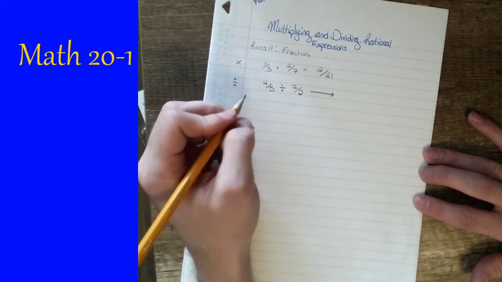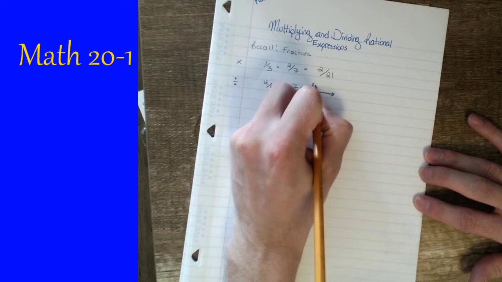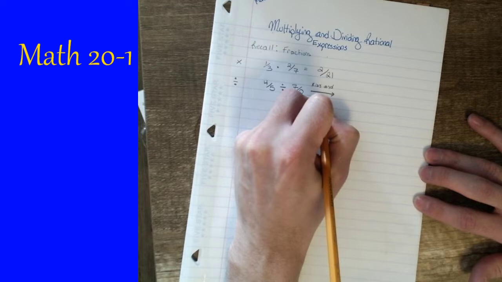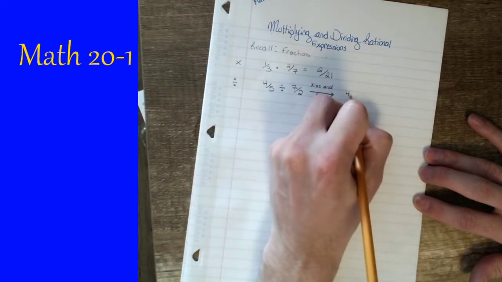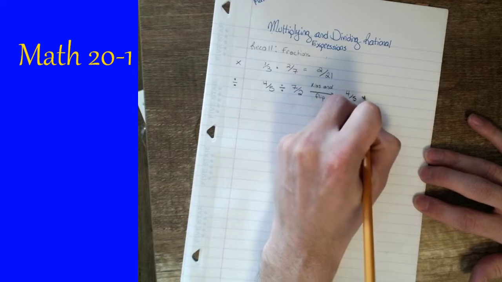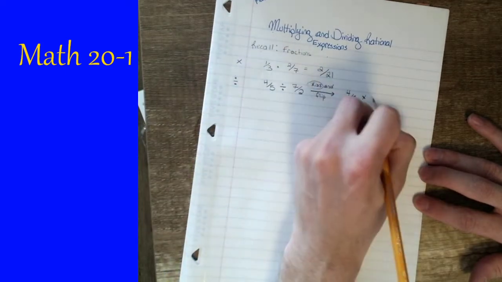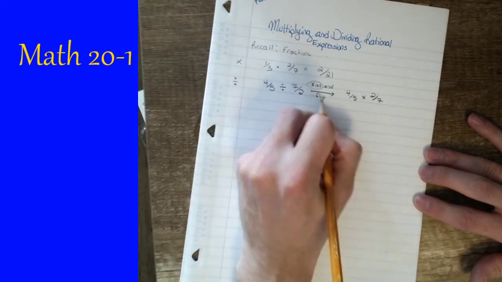We had a very funny way of saying that called the kiss and flip method. So we keep the 4/5, we multiply, and then we flip the second fraction.